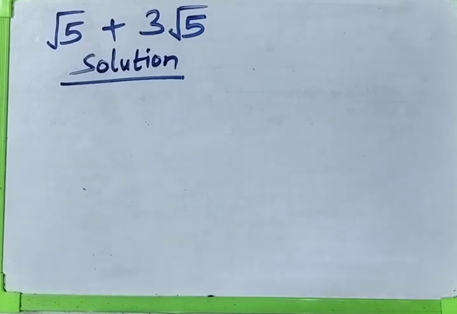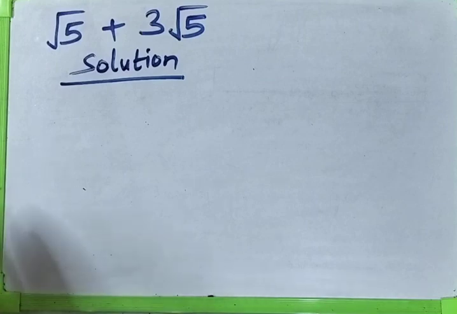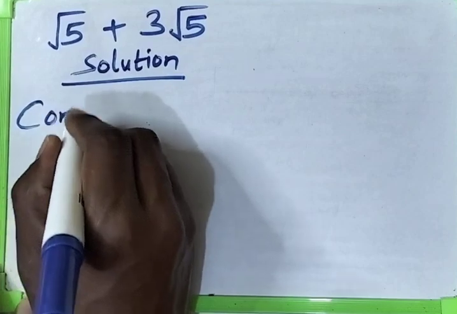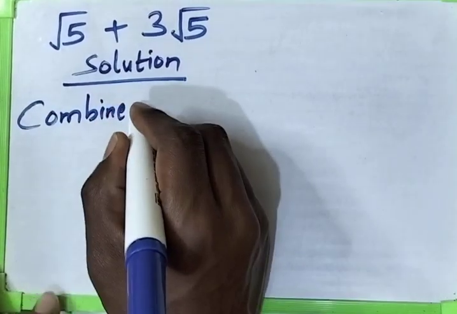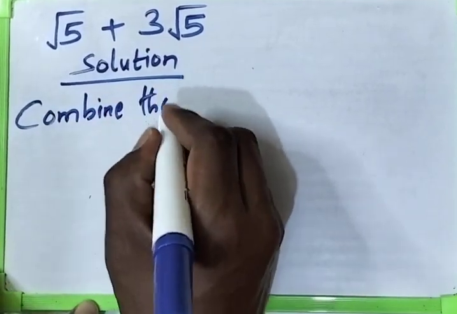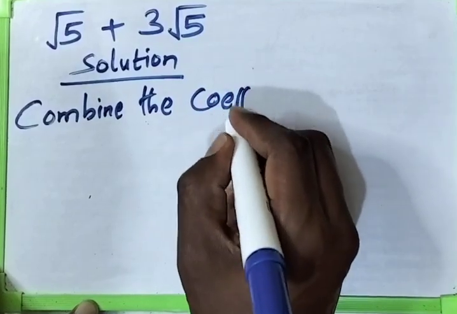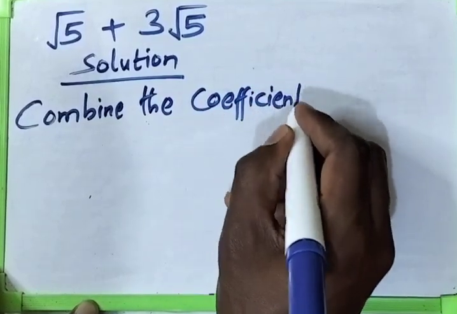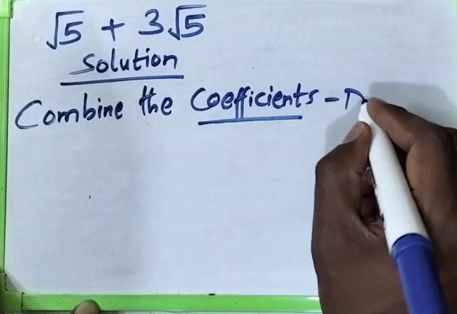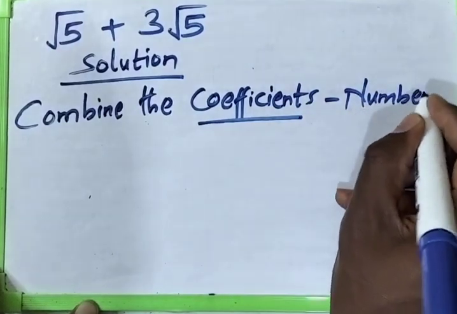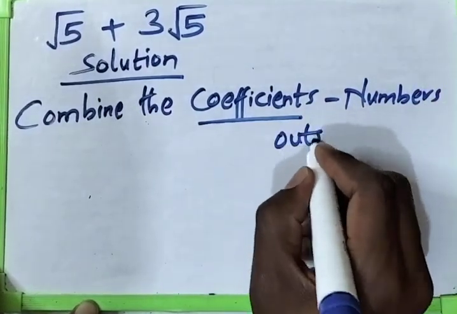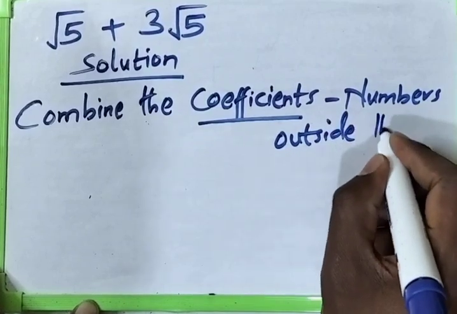In this case, my learner, we shall first of all combine the coefficients, the numbers outside the roots.